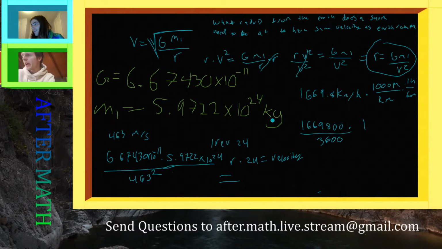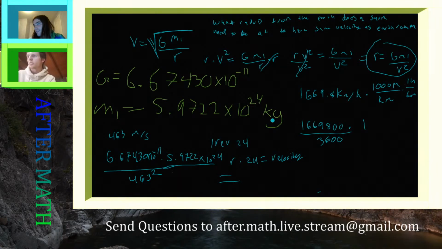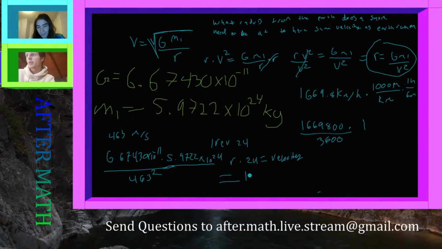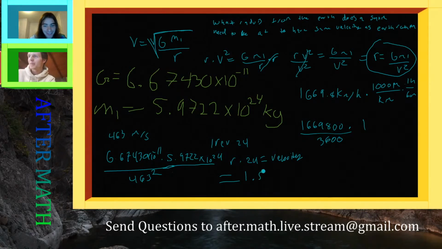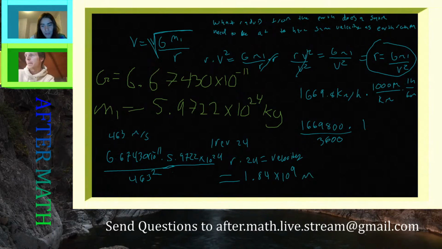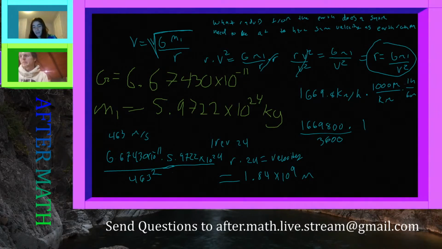So let's just double check. Our result is how many sig figs do you want? You choose. 1.84 times 10 to the 9th meters. So this is meters from the center of the Earth.